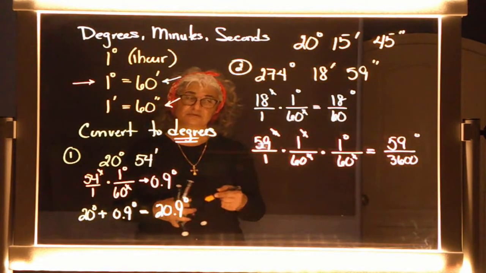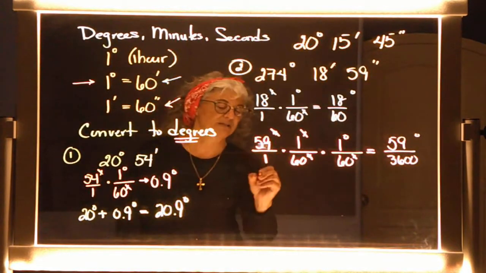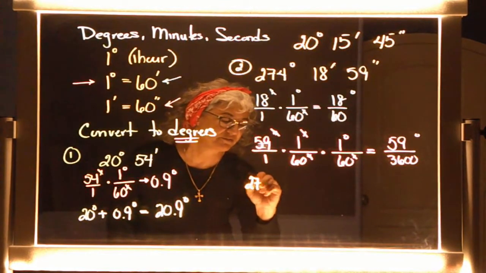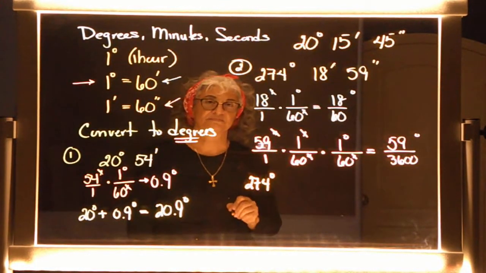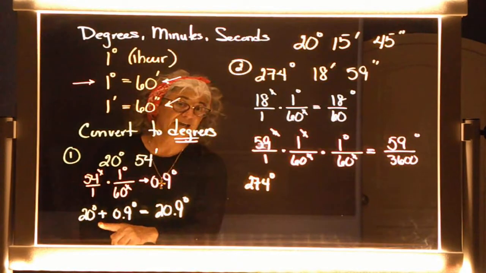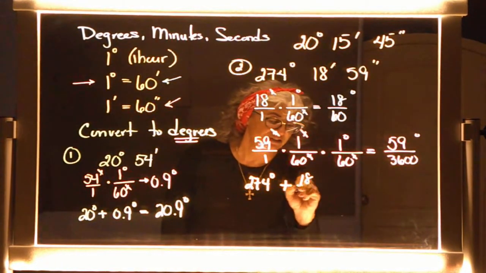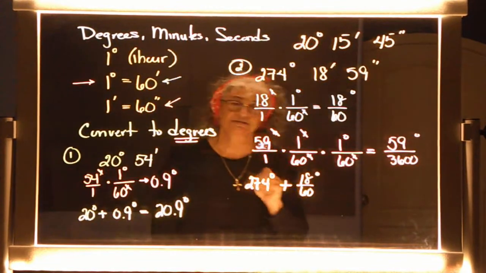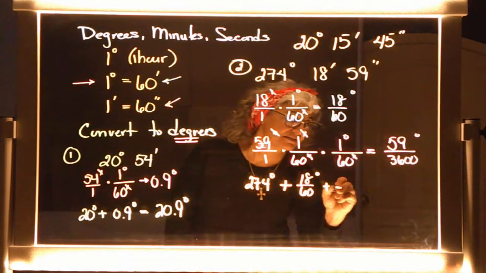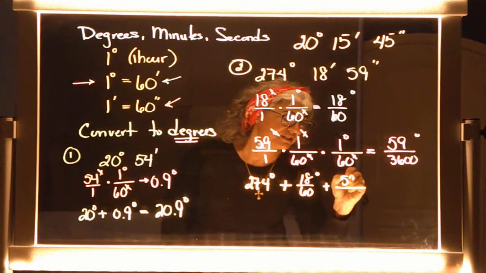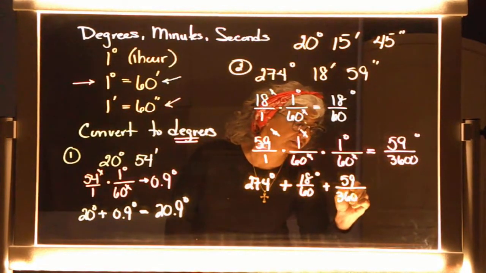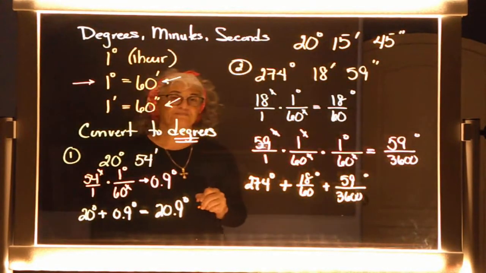Cool? Okay, which means we have 274 degrees plus, because we add these together, 18 over 60 degrees plus another 59 over 3600 degrees.